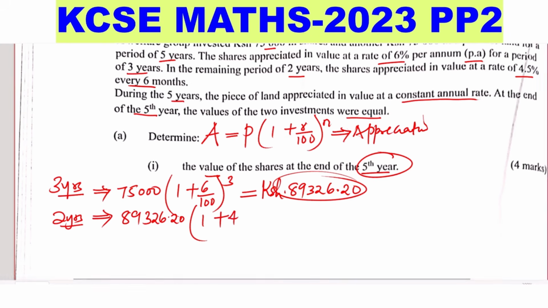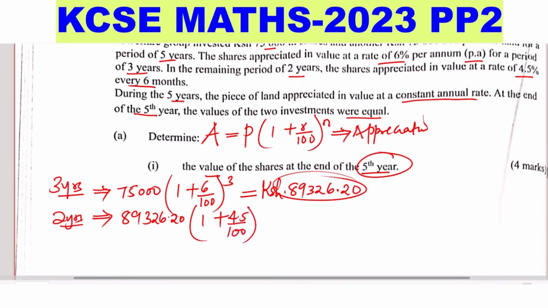So 4.5% of 0.5 over 100. Then the appreciation is after every 6 months, and you have 2 years. In 1 year we will have 2 periods of appreciation, because it is after every 6 months. So for 2 years, we shall have 4 periods, so n, the number of periods, is 4.